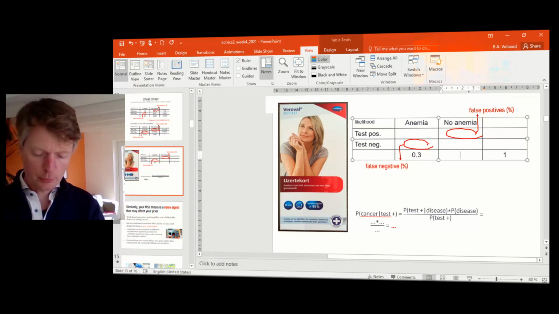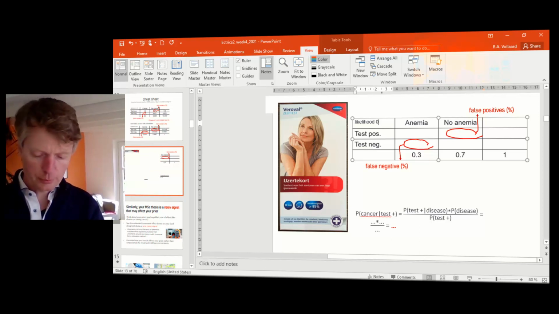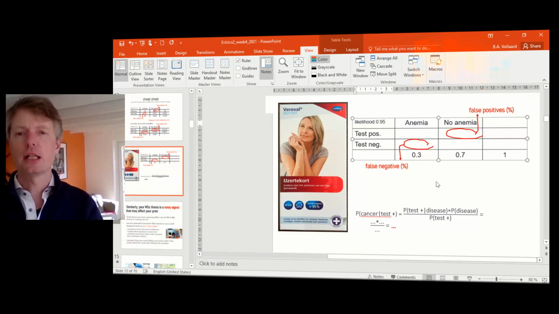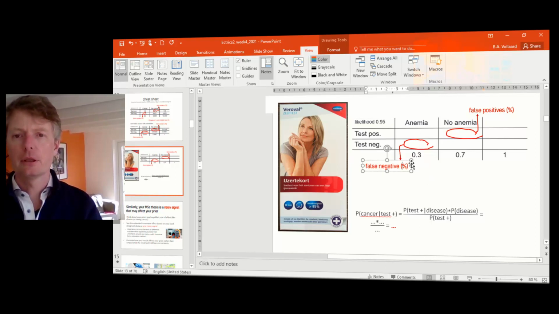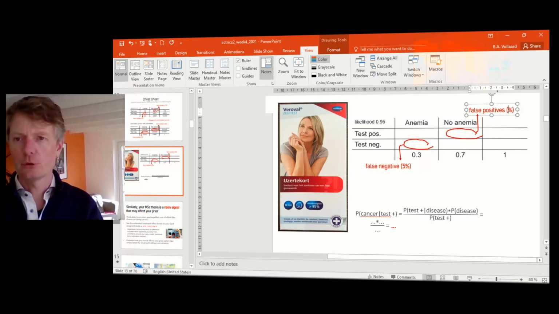So this is going to be 0.7 then here. Now we have an accuracy of 0.95. That's the likelihood, right? So the false negatives are then 5%, and false positives are also 5%.